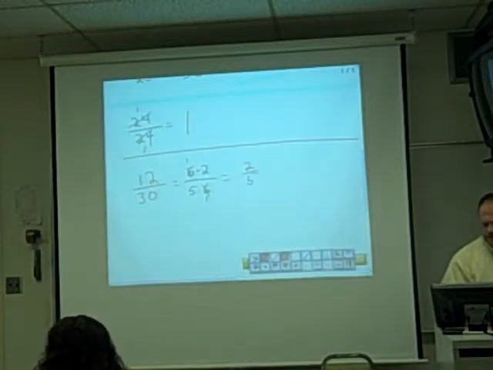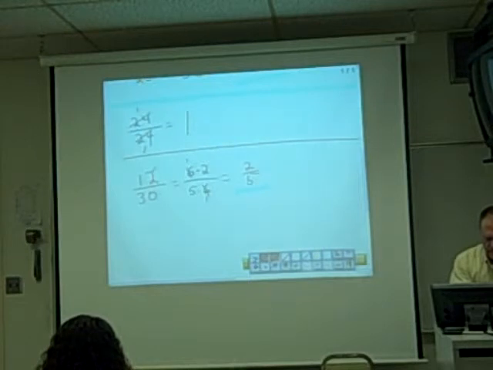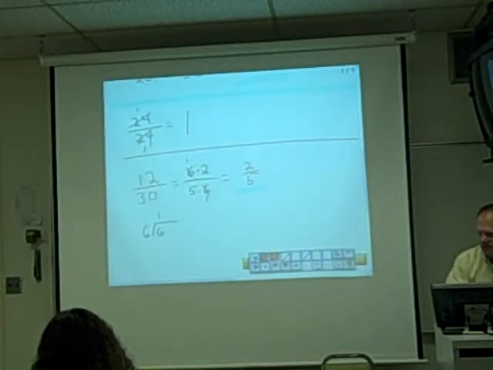I'm confused, why do you cancel the 6? Well, because 6's divide into each other. It's like 24 over 24 is 1. Because what you're doing here is division. This is like 12 over 30, that's like saying 12 divided by 30. So this would be like saying 6 divided by 6.